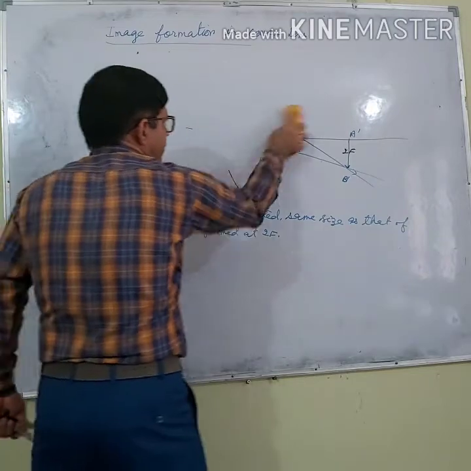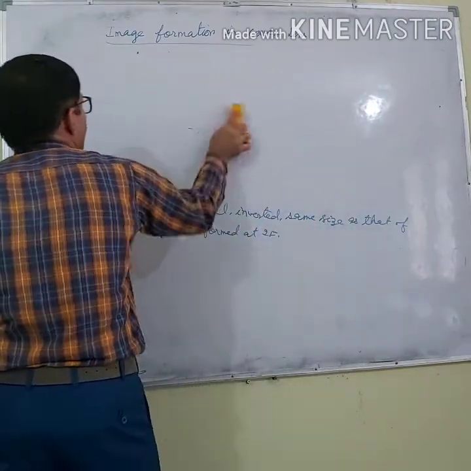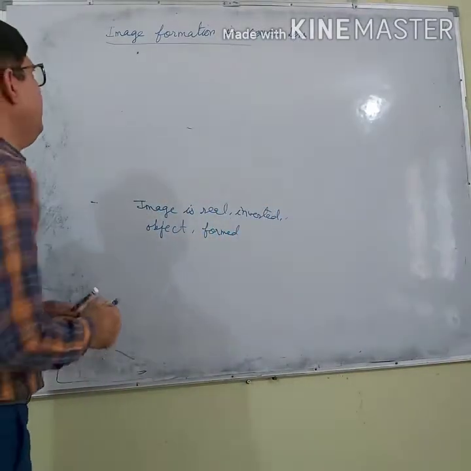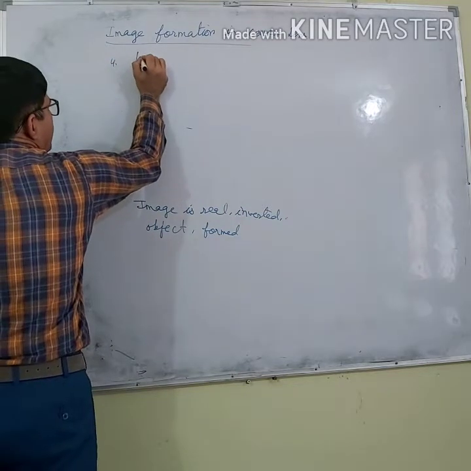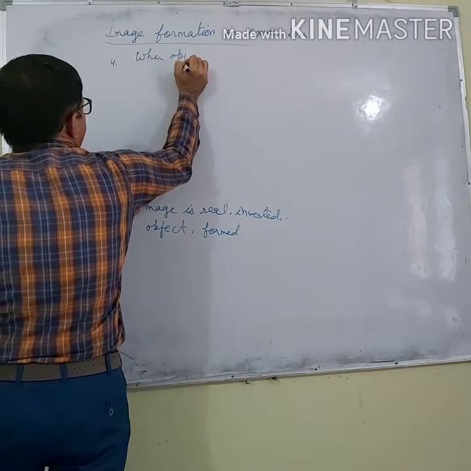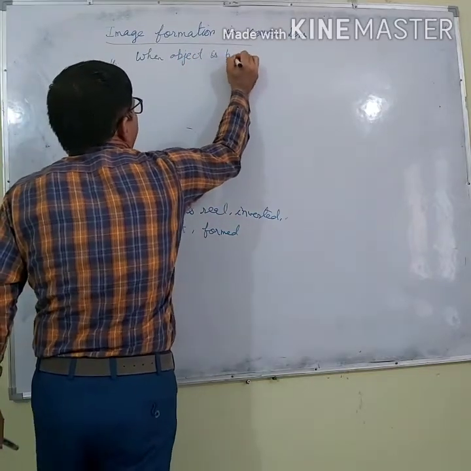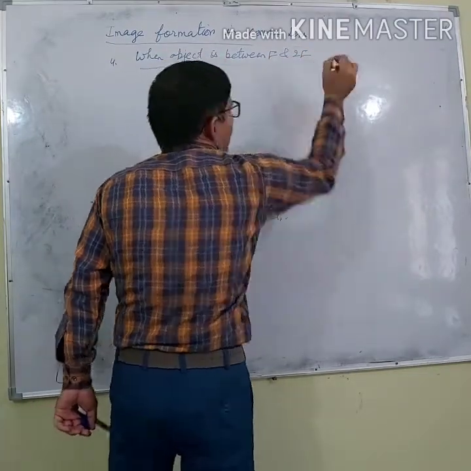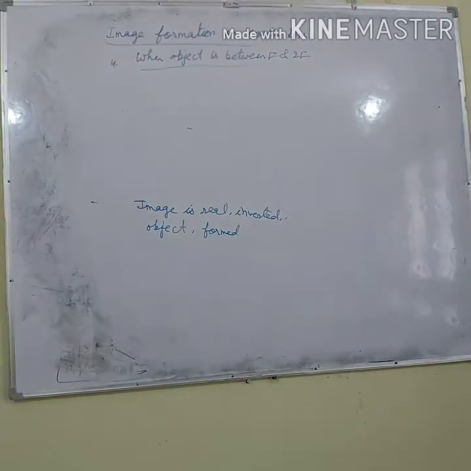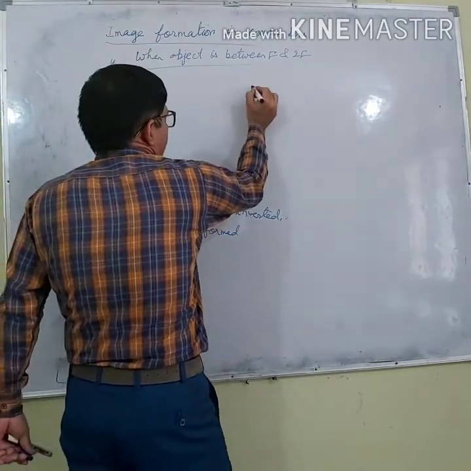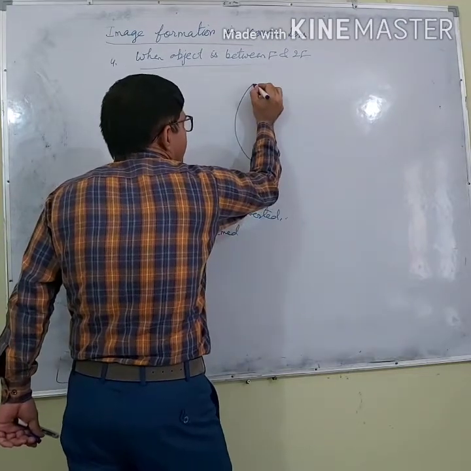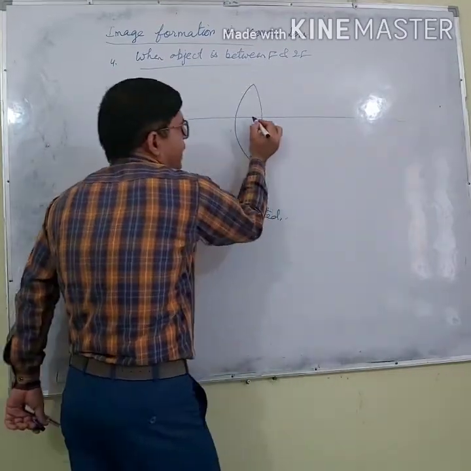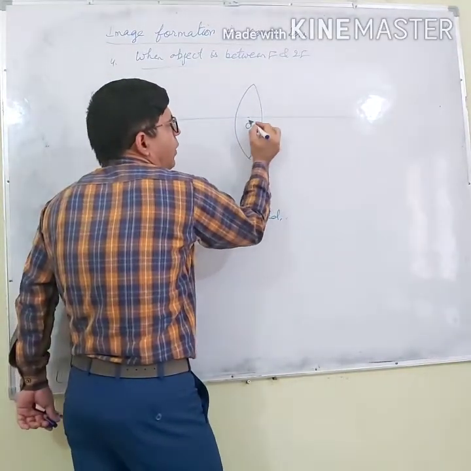Alright, now let's move to the fourth point. When object is between F and 2F. Let us say this is convex lens and this line which passes through the center is principal axis. Point O is optical center.